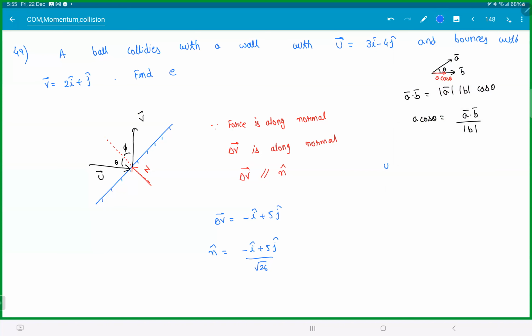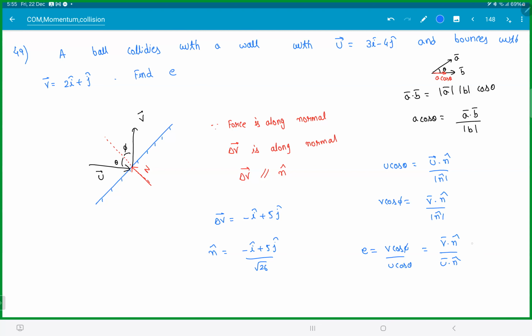So u cos theta will be u bar dot n cap by mod n cap. V cos phi is v bar dot n cap by mod n cap. Coefficient of restitution is v cos phi by u cos theta, which is v bar dot n cap by u bar dot n cap.